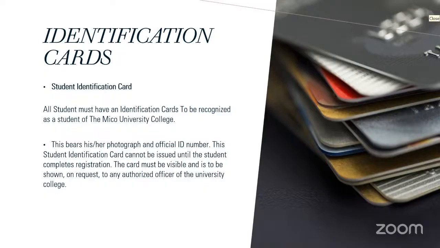So if you're not registered, when the supplier comes on campus to take photos and to process the card, you won't be eligible to be a part of it. All right, so you need to complete your registration. When you get your card, it must be visible at all times. And on request from any of our authorized officers, you must be able to provide your student identification card.